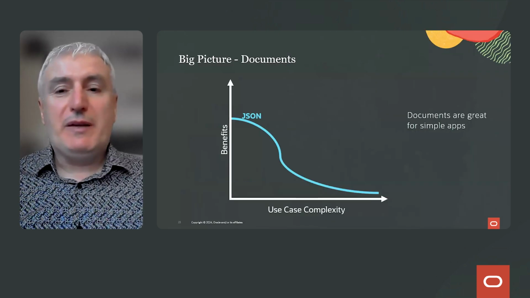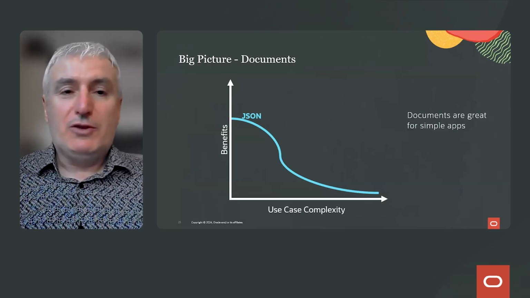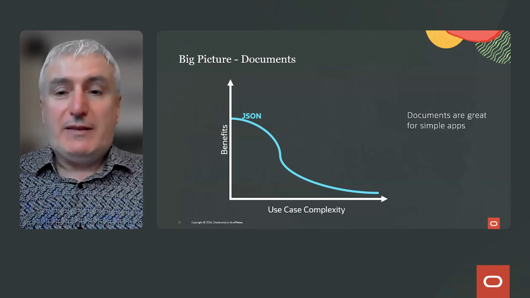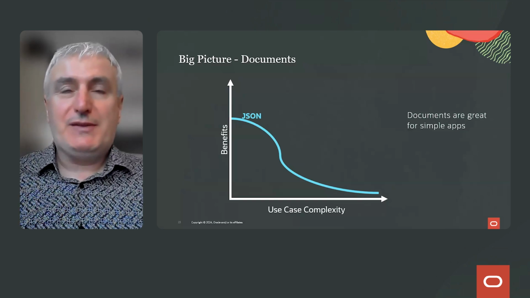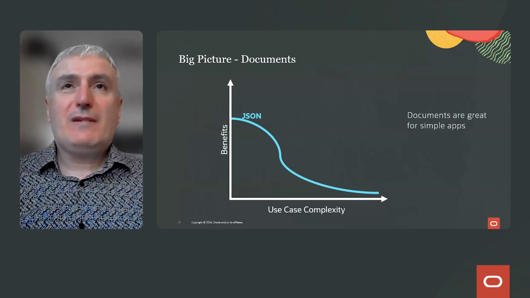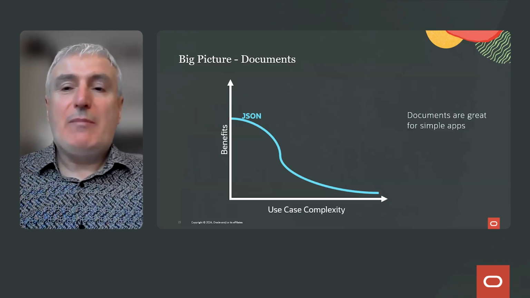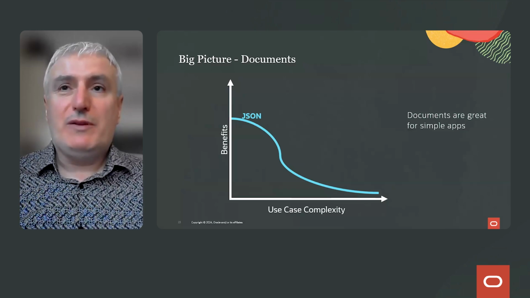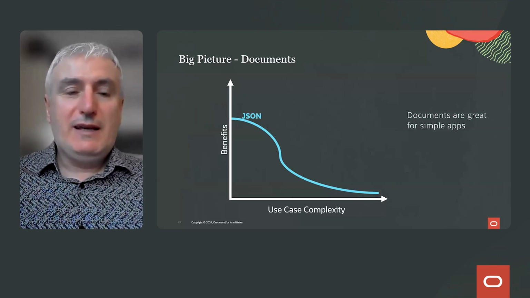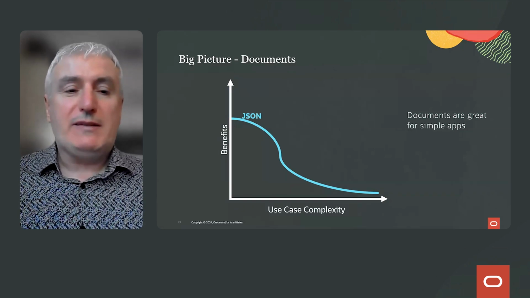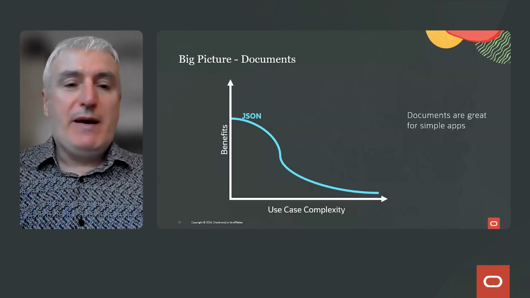And looking at the big picture now for documents, well, documents are great if we have simple applications. And often in the beginning of the life cycle, applications are simple. However, at one point, they become more and more complex. Looking here at the X and Y axis, the X axis represents the case complexity, and the Y axis the benefits.